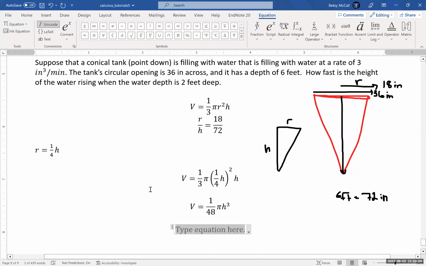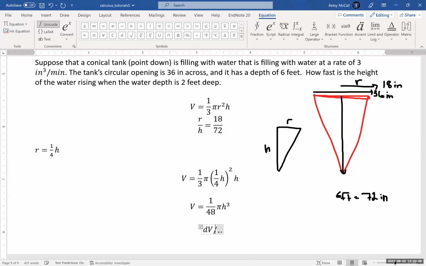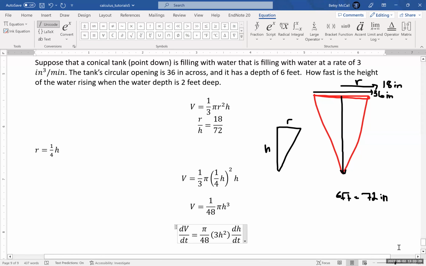The derivative of V is dV dt. And then the pi over 48 doesn't change. We get multiplied by 3h squared, and then according to the chain rule, dh dt. And then we are given the 3 inches per minute.